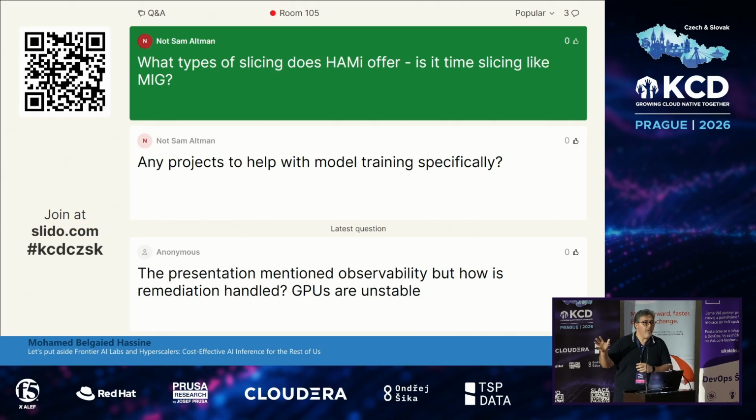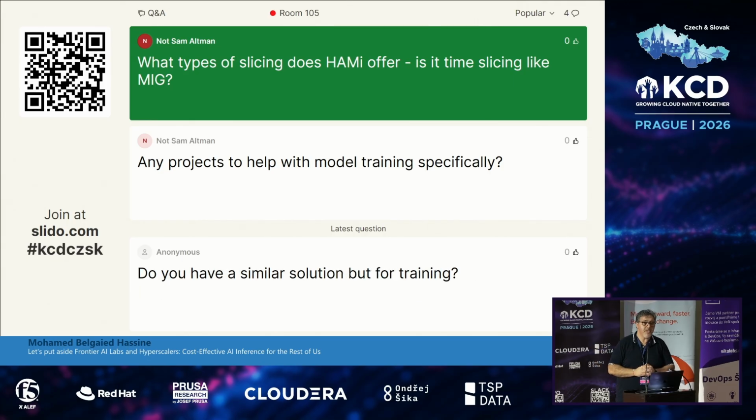You might know, however, that vGPU in NVIDIA is not supported on all GPUs. It's designed more for data center grade GPUs, and it is licensed as well. So HAMi offers the possibility to avoid all of that and to do it for all types of GPUs, not only NVIDIA. It does support time slicing, and it can work in addition to time slicing or other types of partitioning.